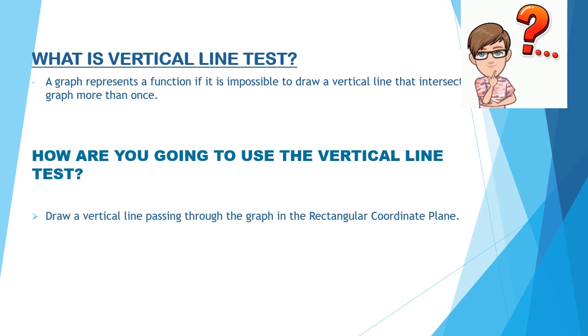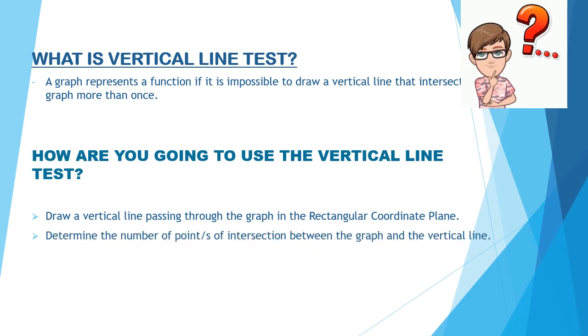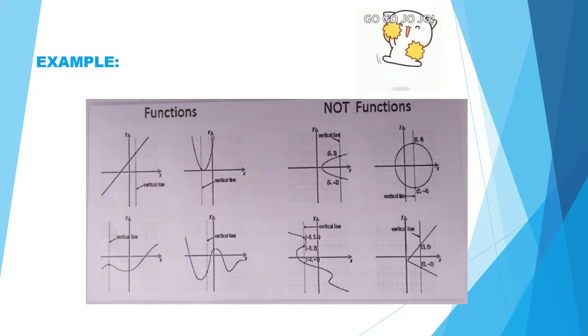How are we going to use the vertical line test? First, we draw a vertical line passing through the graph in the rectangular coordinate plane. Then determine the number of points of intersection between the graph and the vertical line. In this example, to know if the graph is a function, make sure that it intersects the vertical line only once.